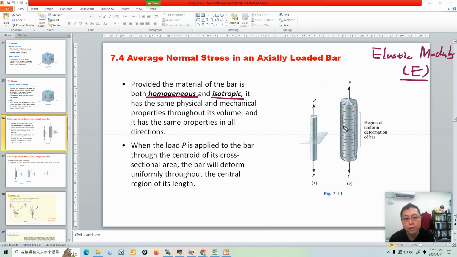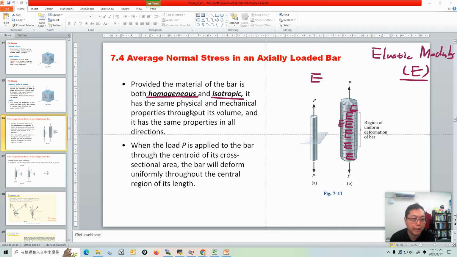For example, assume the elastic modulus is E. That means at this part the modulus is also E, in this part it is also E, and in every part of this material the elastic modulus is the same.